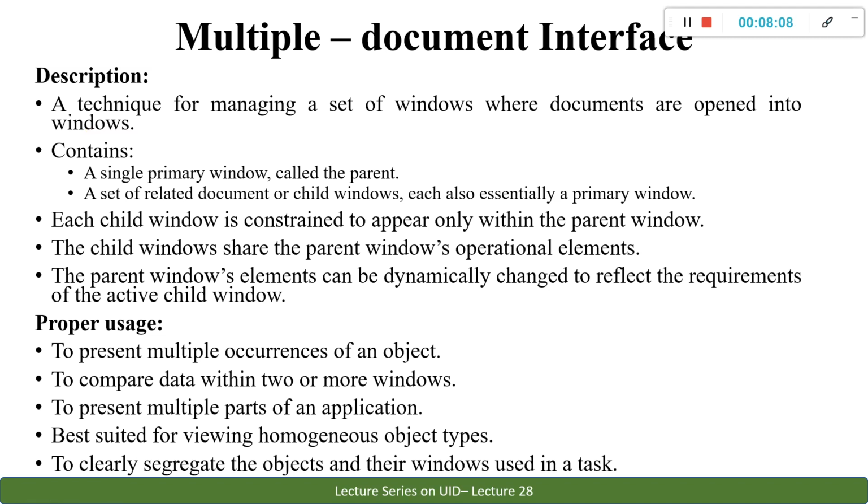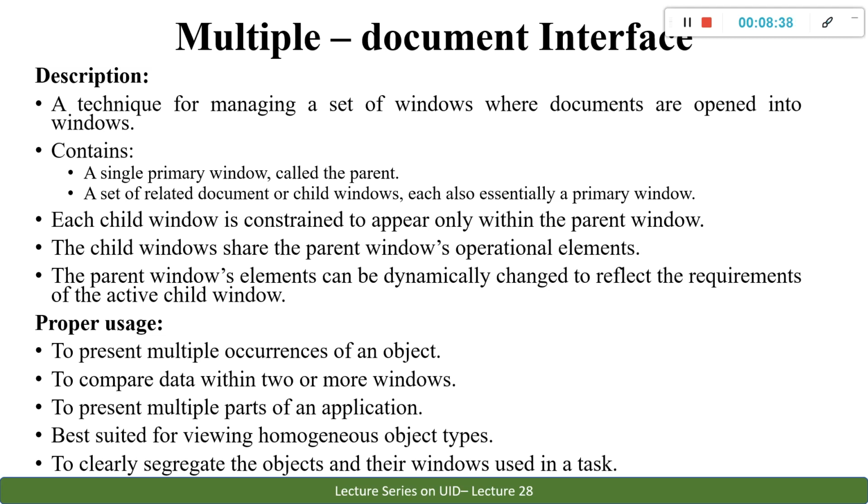So it contains usually a single primary window called as parent, and a set of related documents or child windows, and they are essential parts of your primary window. So it is a part of a primary window. There is a big primary window, in that you have small child windows which can be opened, which can be closed, and that primary window is completely made up of all those things.